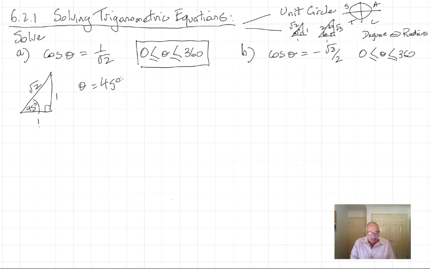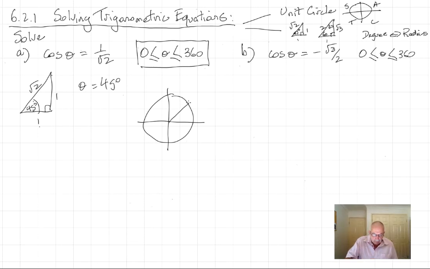But that's only in the first quadrant. That's not the complete answer. We've only got half the answers. We know that cos is positive in 2 quadrants, so it's a good idea to draw a unit circle.